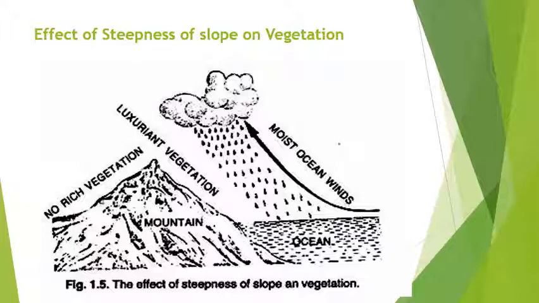Steepness of the slope also affects the amount of humus and other degrading organic matter in the soil. On very steep slopes, most of the humus is carried away along with the rainwater. You can see in this slide.